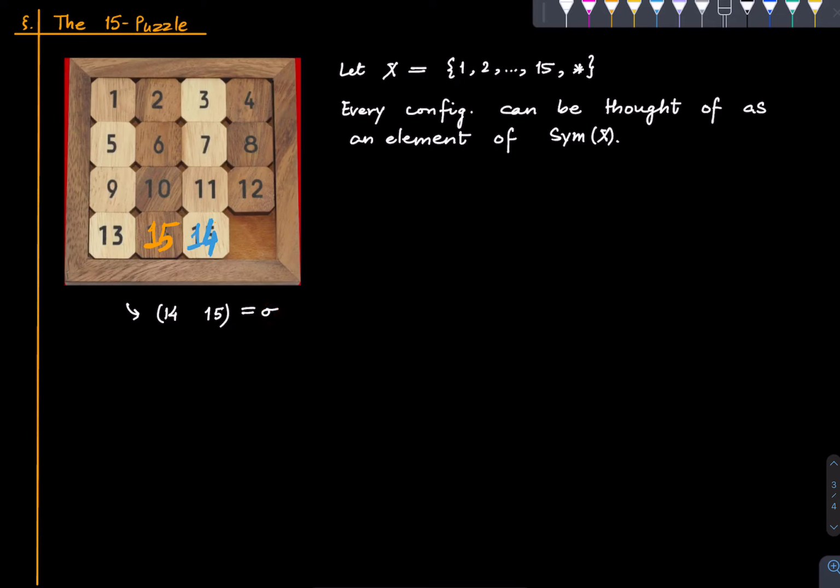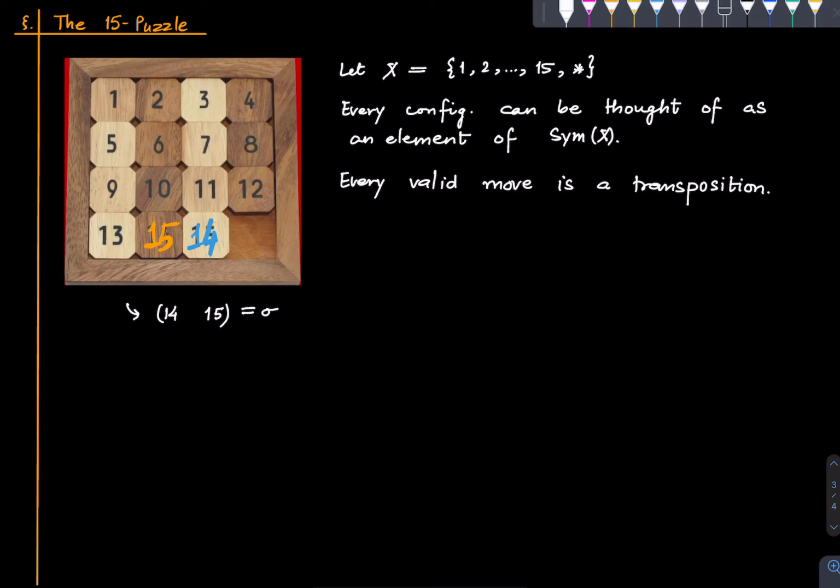And every valid move is a transposition. Not that every transposition is a valid move, but every valid move is a transposition, because all we'll be doing is switching the blank symbol, which comes here, and that comes there, so it is a transposition.